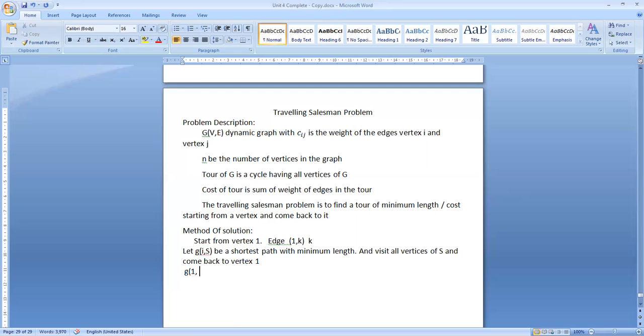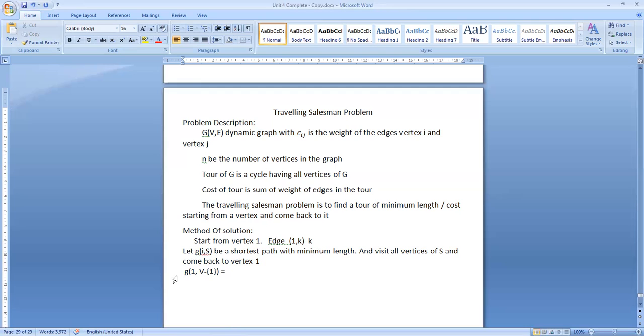So the set of vertices is V and the remaining vertices means V minus 1, the set of vertices minus my first vertex 1. So visit all these vertices and come back to the vertex 1. This is what I am trying to find. That is what my aim is.